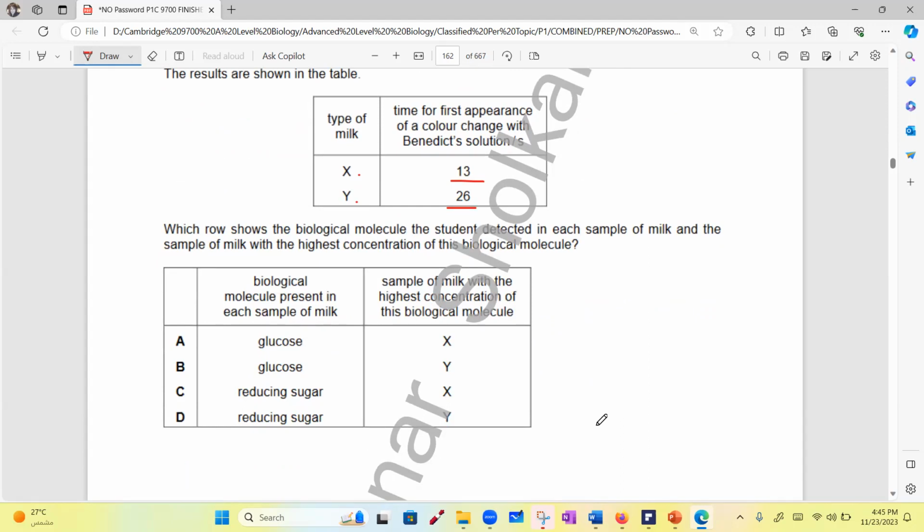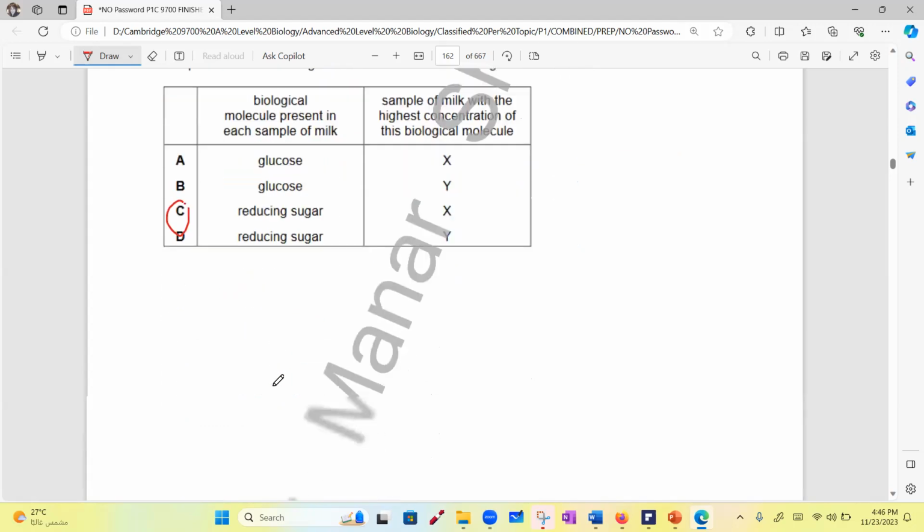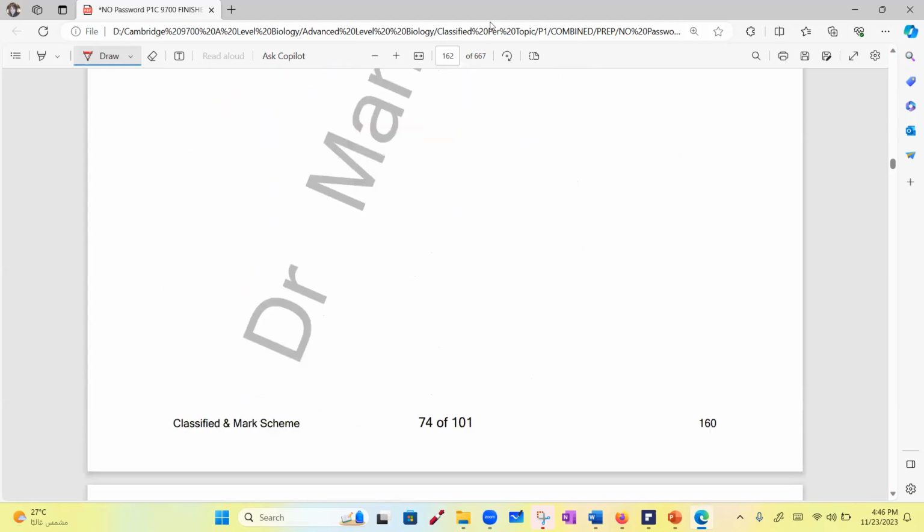Are we only detecting the presence of glucose or any reducing sugar? Any reducing sugar. Very good. And we said that the one that will have the first color change will have more reducing sugar. So the answer is A or C. Quickly, the answer is what? C. Okay, good.